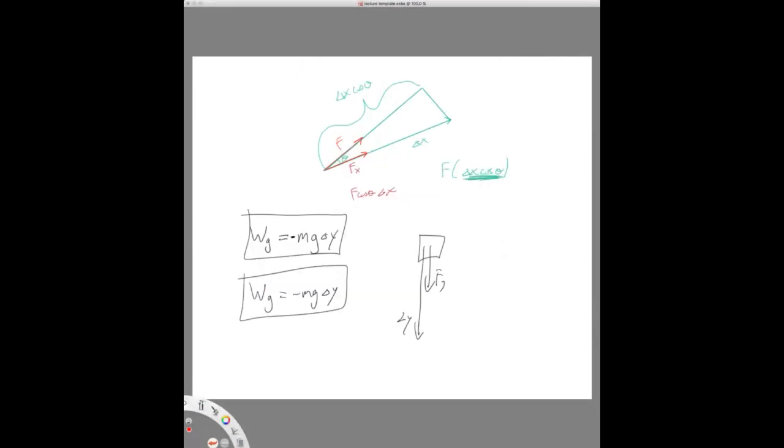So in fact, let's just do it one more time very quickly to see how we would use the work done by gravity. If I have something here whose initial height is 1 meter and it falls down to the ground, we would say delta y equals minus 1 meter. If the initial velocity is 0 and I want to find the final velocity, I would say net work equals change in kinetic energy. This would be work done by gravity, and that's KE final minus KE initial.